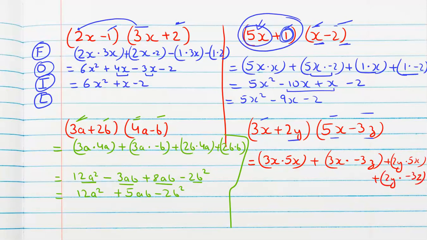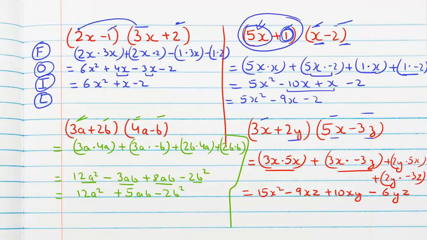I'll write like this. Okay, so now we get 15x squared. The second one is a negative term, so 3 times 3 is 9xz, and the third one is 10xy, 2 times 5 is 10xy, and the last one is negative, 2 times 3 is 6yz.